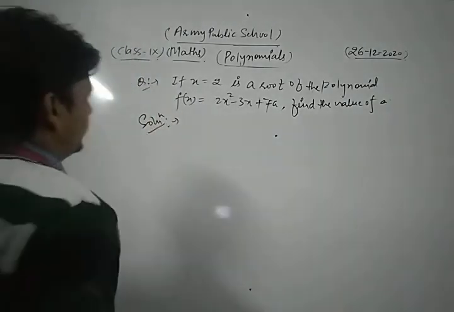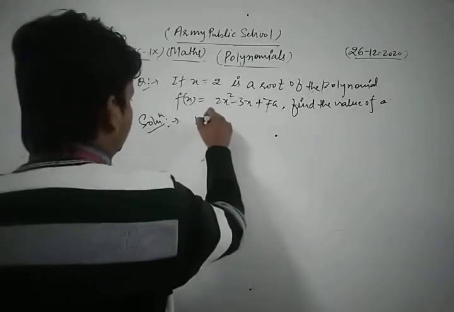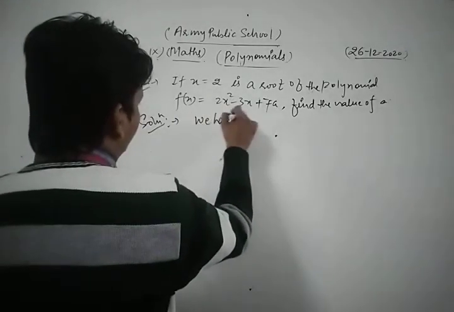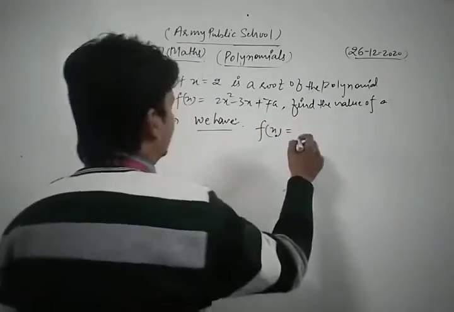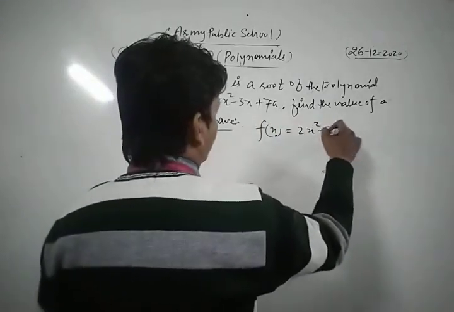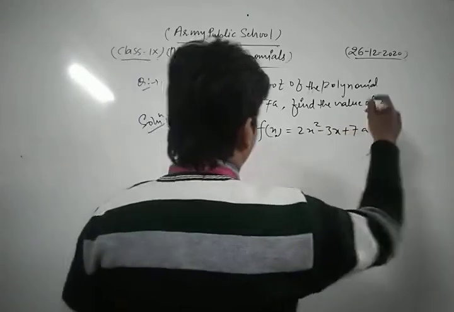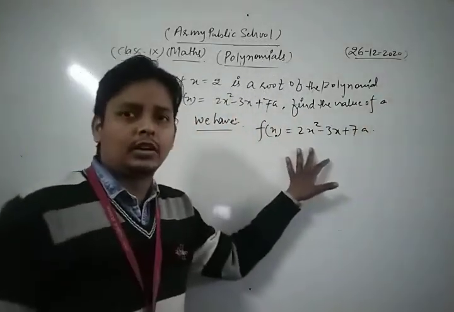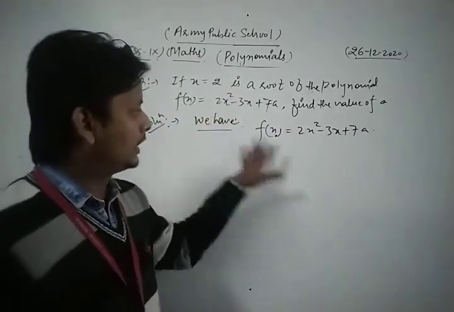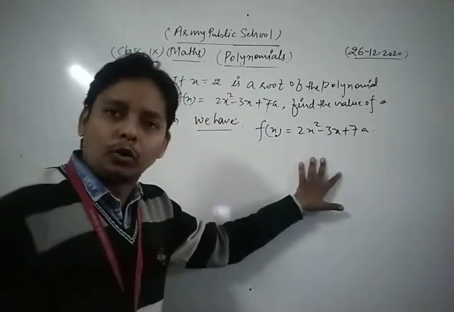of your NCERT exercise. First of all, we write the given polynomial f of x is equal to what? This is 2x square minus 3x plus 7a. This is the given polynomial.